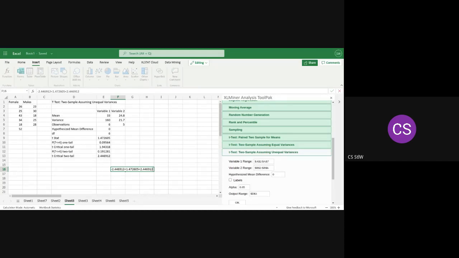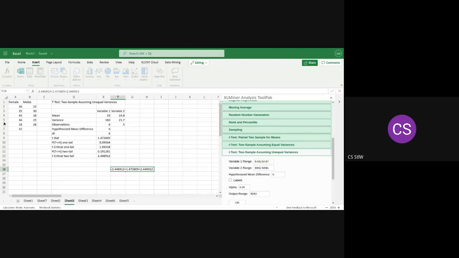Another conclusion you can make from this data set is that if you just look at the difference between the means, 33 and 24.8, it is not a convincing conclusion to say that the average number of study hours between the female and the male differ significantly.